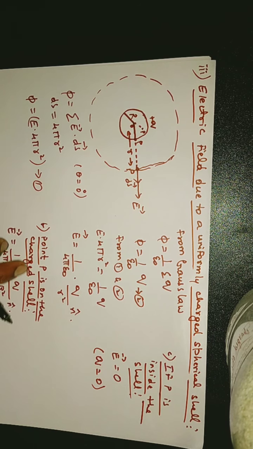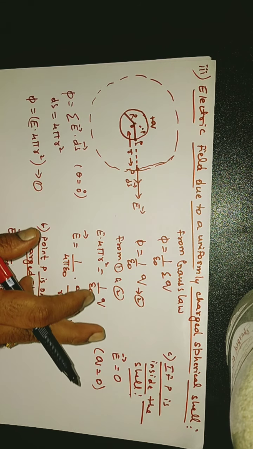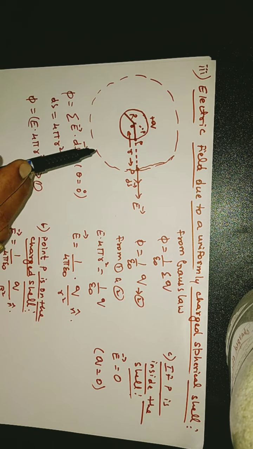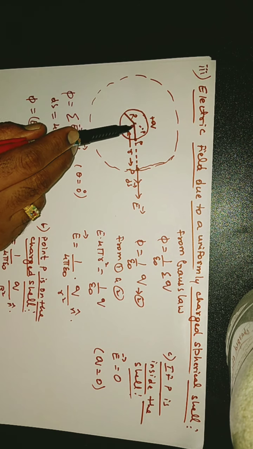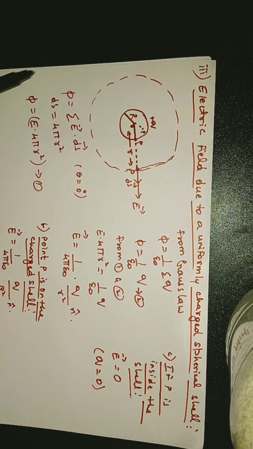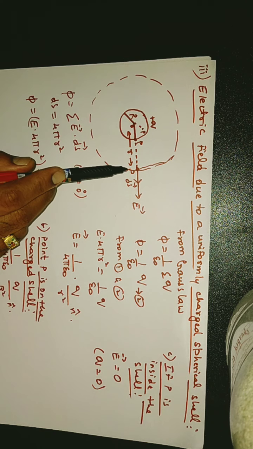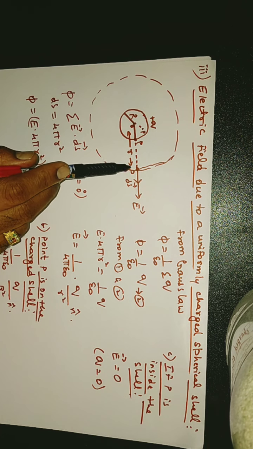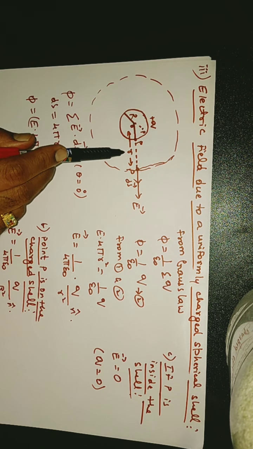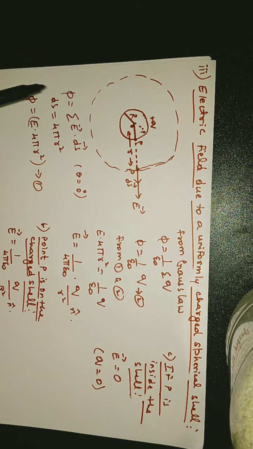So we have discussed the electric field due to a uniformly charged spherical shell. We considered a charged spherical shell of radius R, where a charge plus Q is distributed over the surface of the sphere. In fact, first we are interested in calculating the electric field at point P, which is at a distance small r from the center of the sphere.